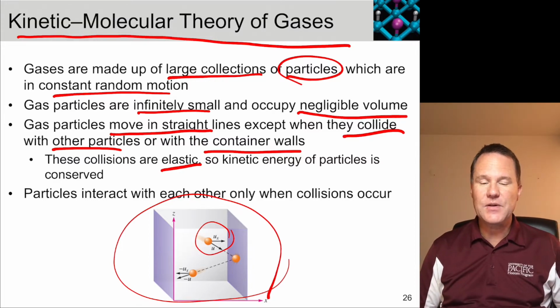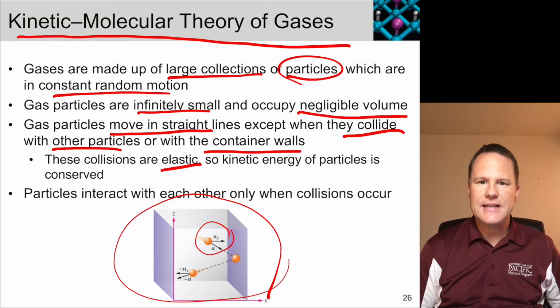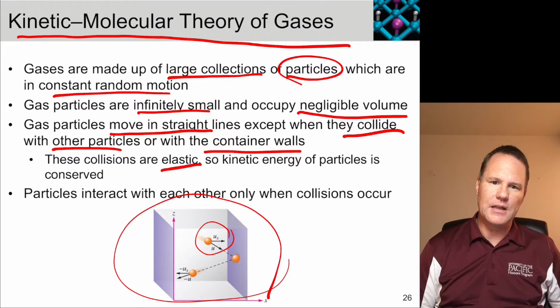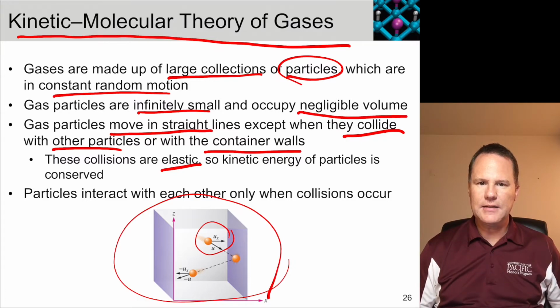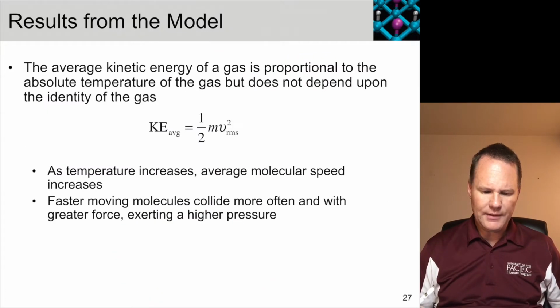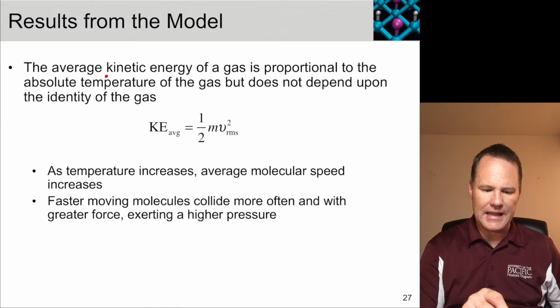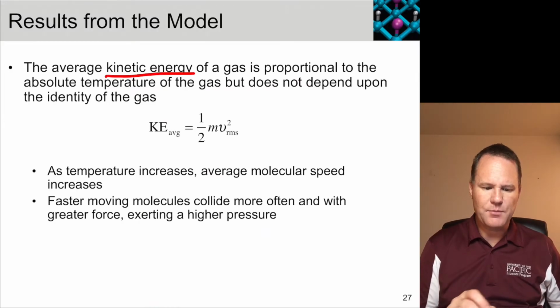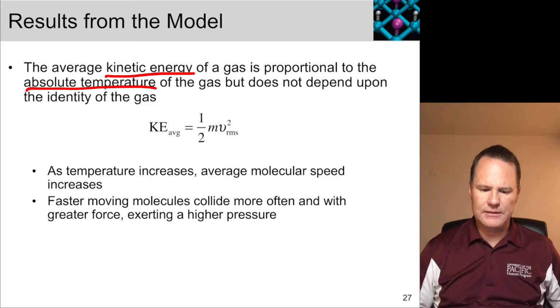Now, in this course, we're not doing it, but if you take, let's say, CHEM25, we actually derive the equation. So we start with elementary physics, the velocities and all that, and put it together. And the important thing is what we arrive at is that the average kinetic energy of a gas is proportional to the absolute temperature.